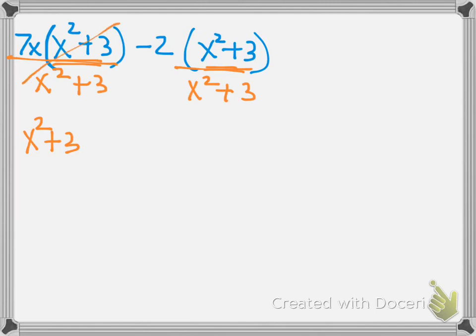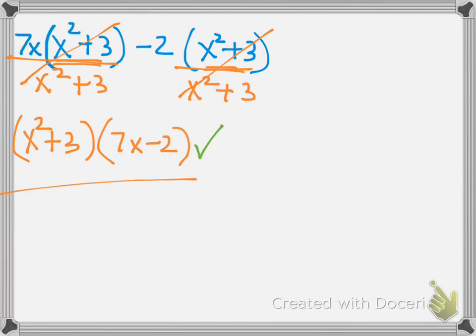They cancel. And I'm left with 7x minus 2. So this is the answer. I'll put the green check mark by it. This is our final answer. Factor by grouping.